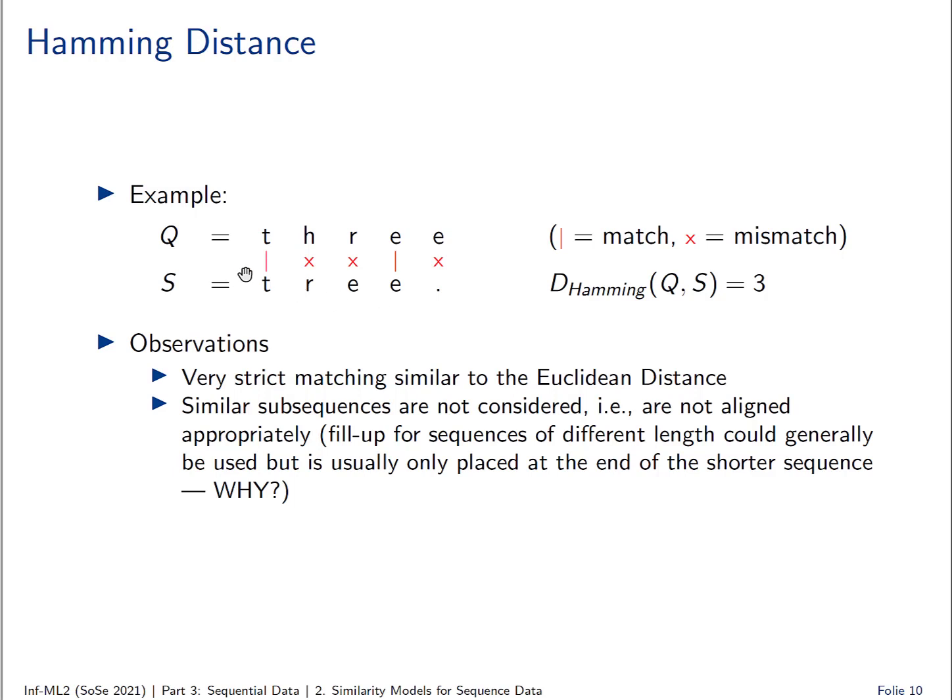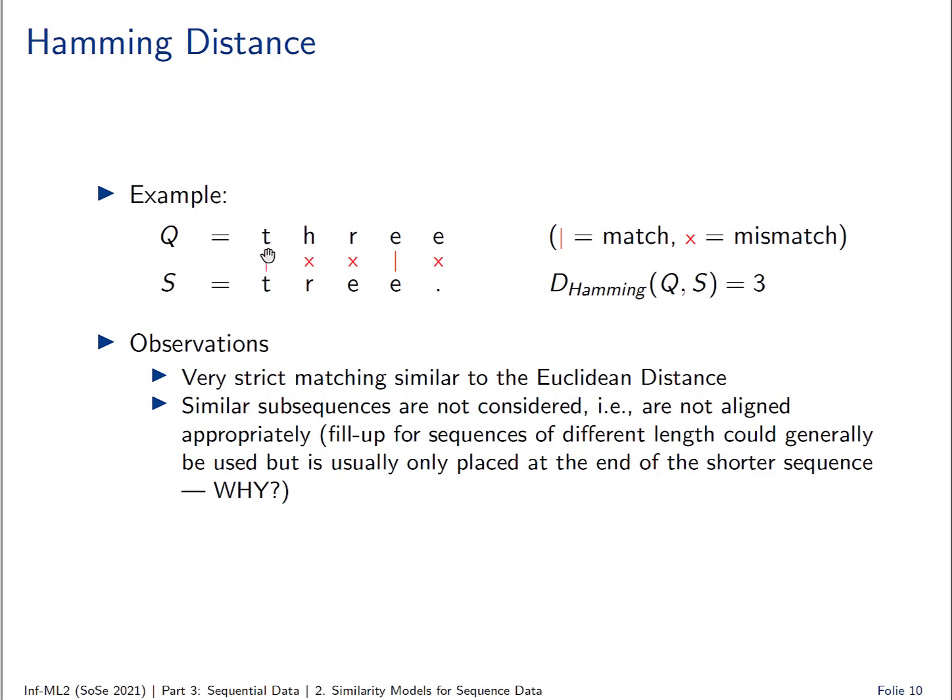What does the Hamming distance do? First of all, the two sequences have different length. So for the shorter one, we introduce these artificial elements from the domain at the end, which should give you a mismatch, of course. Then you can compute the Hamming distance. You look at each individual position and count a 0 if it's identical, and a 1 if it's not identical.